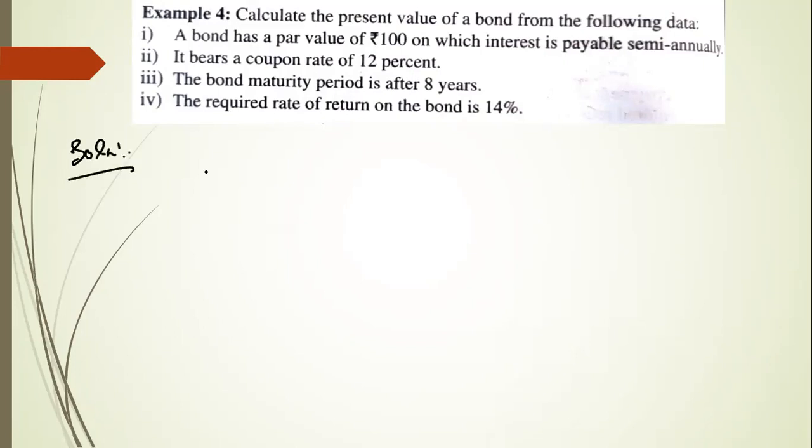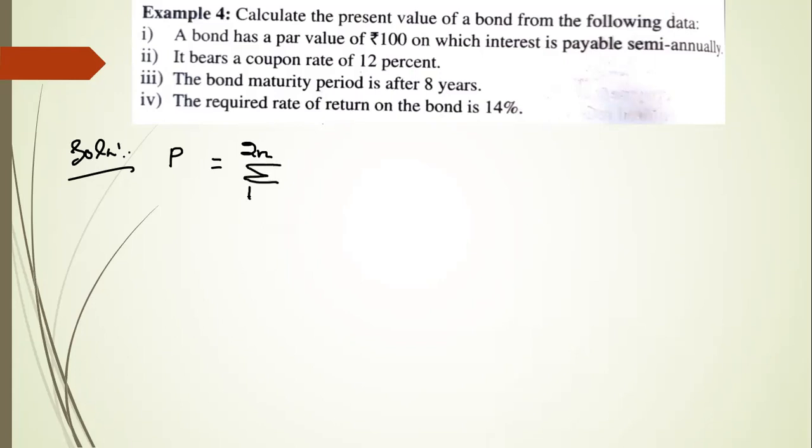Solution. Okay, before going to the solution, we need to go for the formula. So here the formula is present value, and here comes 2n because it is semi-annually. So here there will be two parts in which we have to pay the interest.